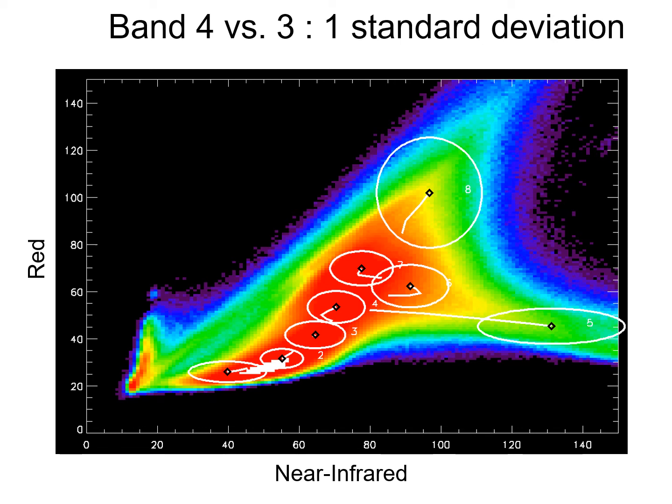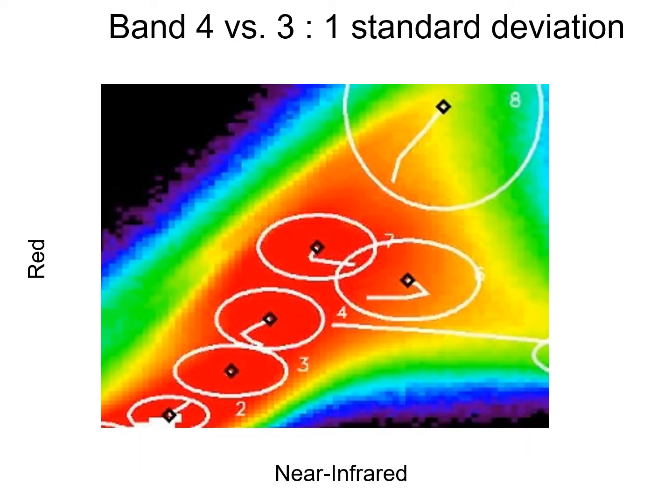So you can see 8 moves quite a bit, and you can see 5 moves quite a bit, and you can't see the label, but 1 moves quite a bit, the one down near the lower left-hand corner. But not a whole heck of a lot happens with the intermediate numbered clusters.